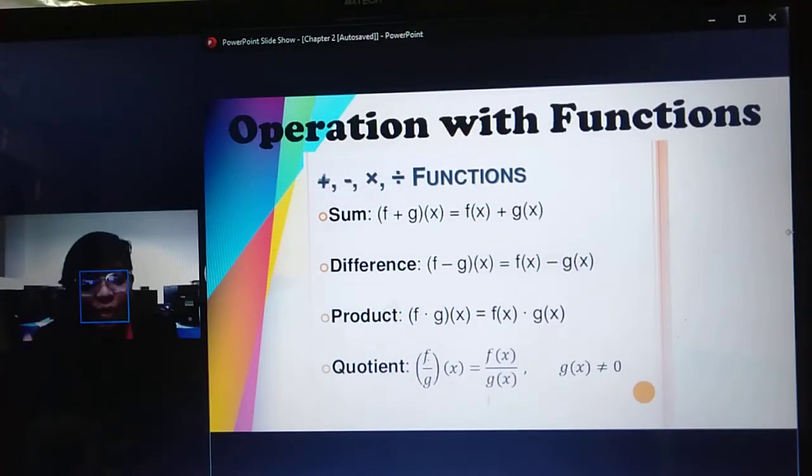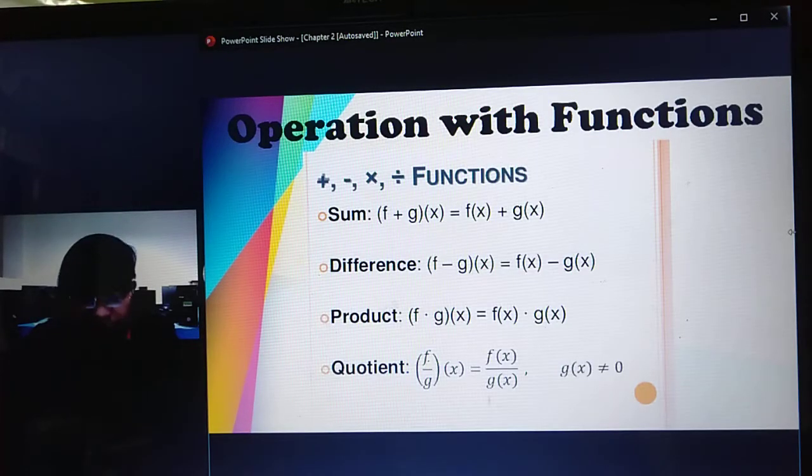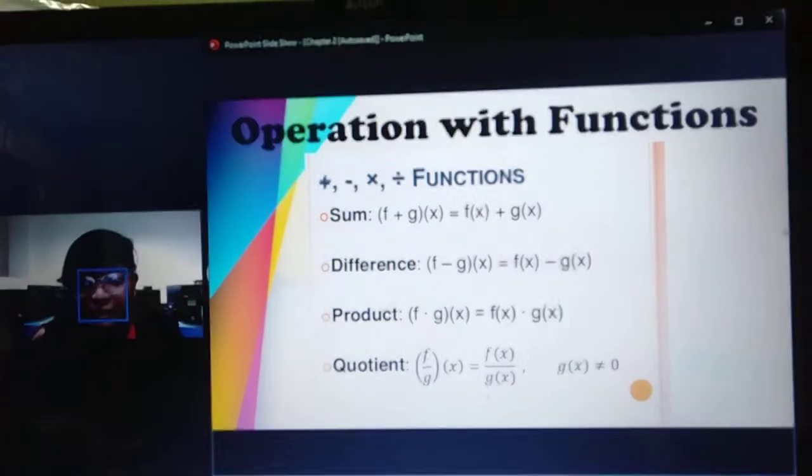Okay, good day everyone. So last meeting, we discussed the proper conversion of mathematical statements into English statements, and vice versa. At the same time, we discussed the different concepts of mathematics.